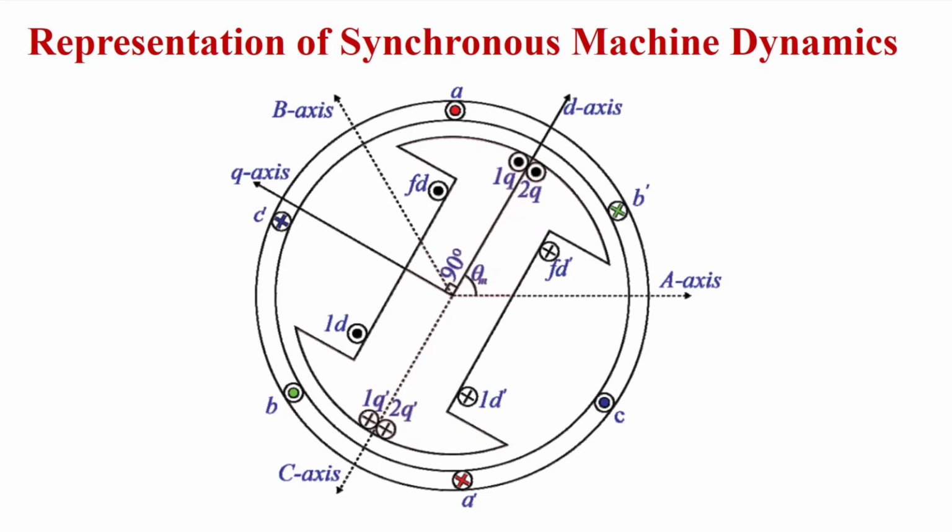We'll see here the figure, the cross-sectional view of a synchronous generator. If we bisect the synchronous generator, we can see the windings and the core sections, the field core and the armature core.